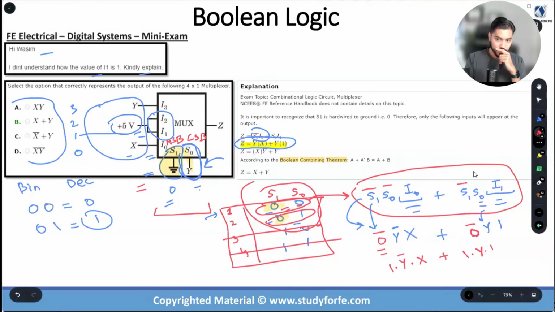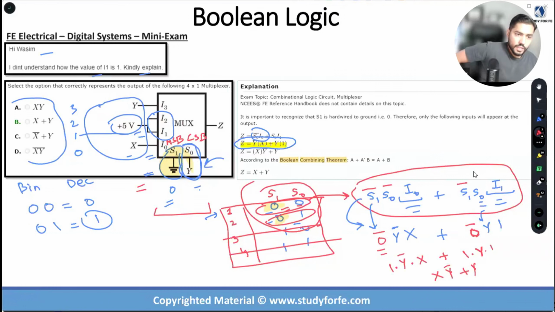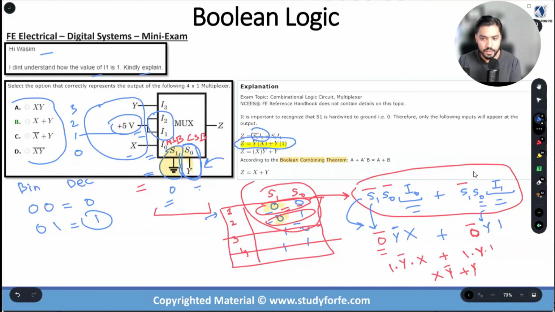I ended up putting an extra bar on top of y. So you need to be extremely, extremely careful, correct? So we have x y bar plus y. Now, when you look at the solution, the options, I should say, I still don't see anything resembling x y bar plus y.